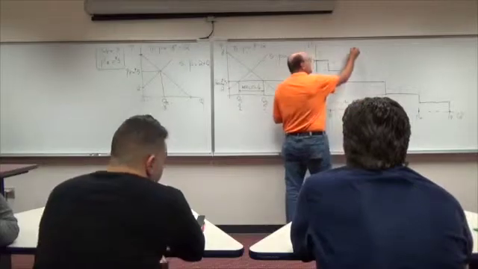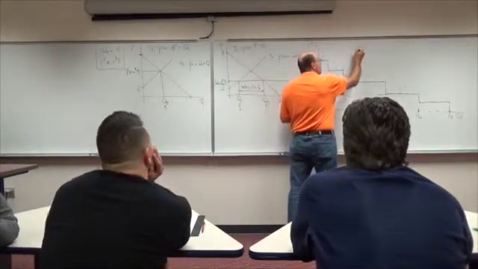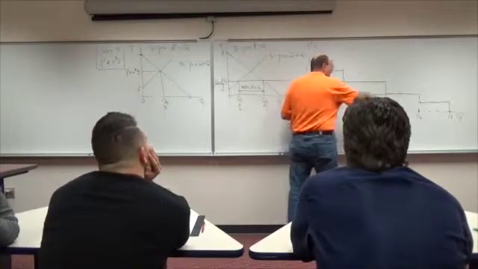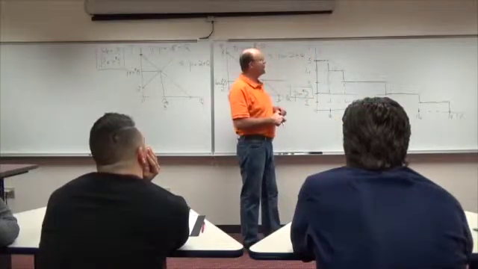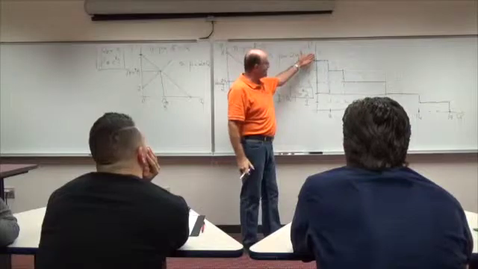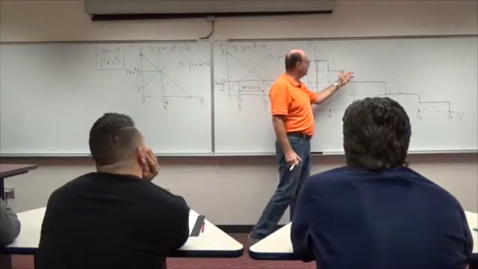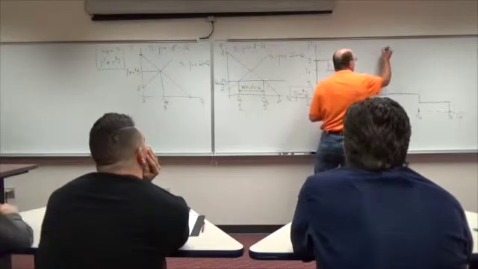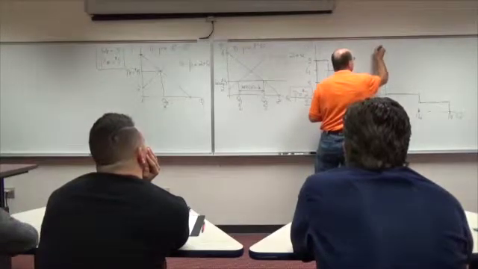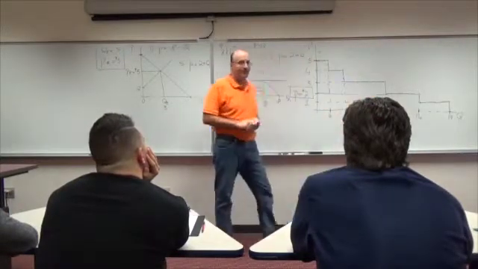So, what's the consumer surplus of all consumers in this market? 15. Correct. How did you get it? You add it up, right? 6 plus 4 plus 5 plus 0. That adds up to 15. $15. Very good.